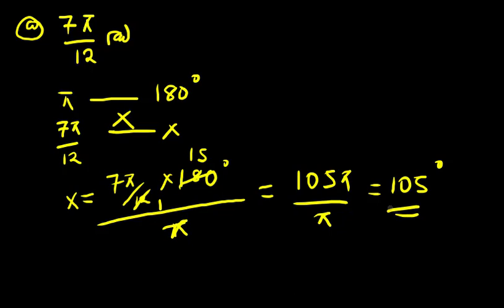Let's look at the last example, and then afterwards I will show you a shortcut. I'll show you another method, if I should say. So our last example, we are converting 5 pi over 6. So this is radian.